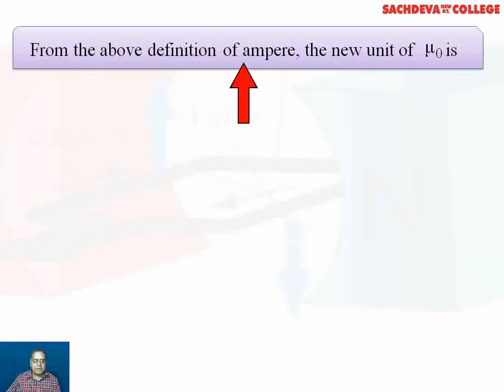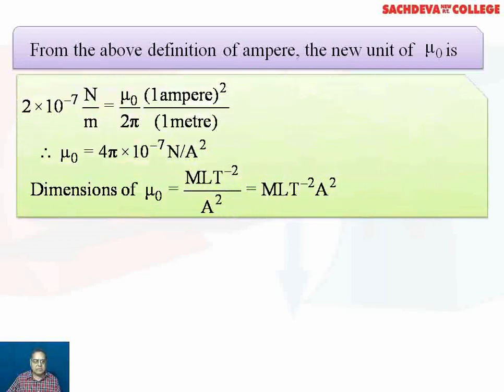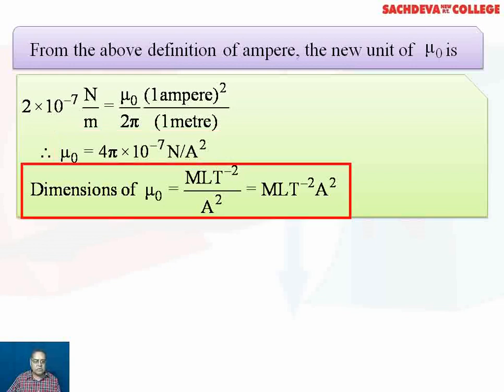Now, from the above definition of ampere, the new unit of mu naught is: 2 into 10 to the power minus 7 newton per meter equals mu naught over 2 pi times 1 ampere squared divided by 1 meter. The value of mu naught is 4 pi into 10 to the power minus 7 newtons per ampere squared, and the dimensions of mu naught are MLT minus 2 over A2, that is MLT minus 2 A minus 2.